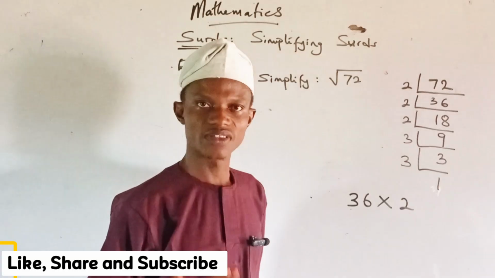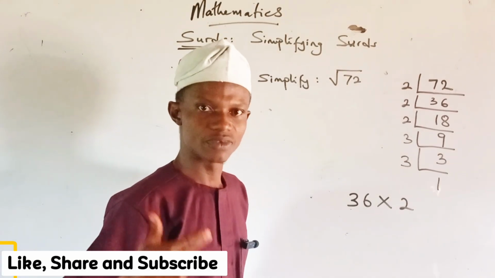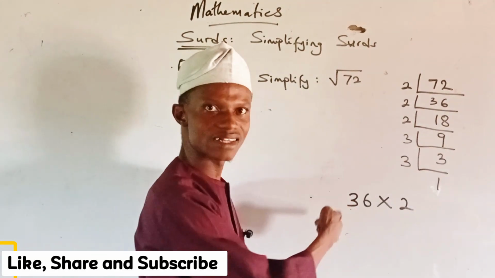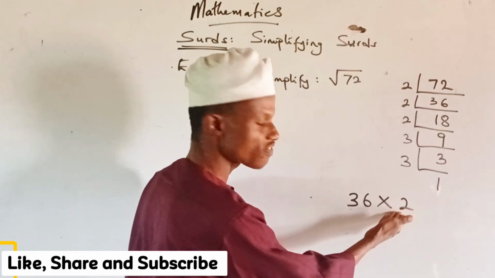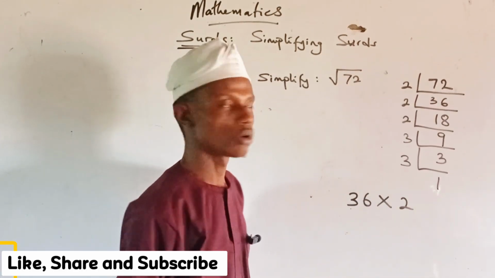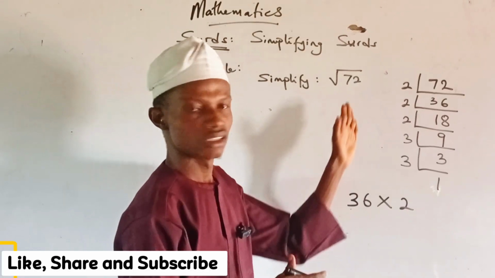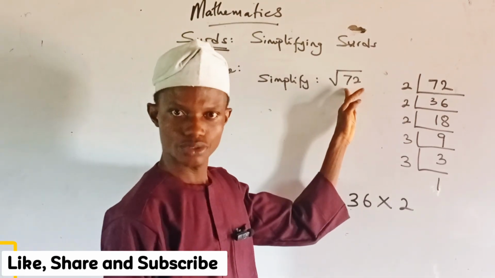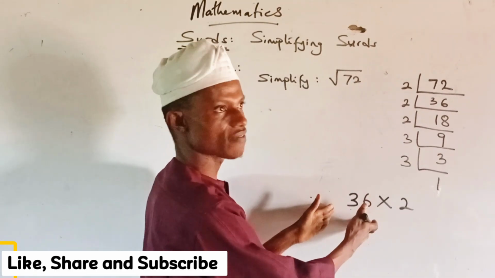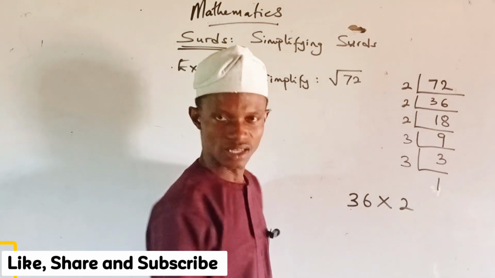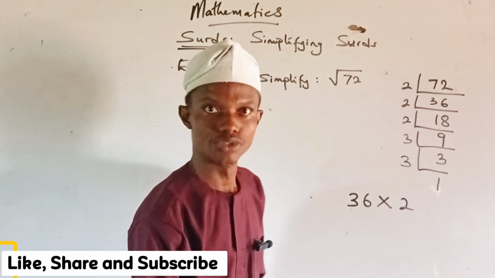How is it a perfect square? 36 is 6 times 6. You can get a direct square root for 36, and then the other factor is 2, which is a very small prime number. So this is the process of simplifying a root such that you are going to have a very big perfect square and a small root.